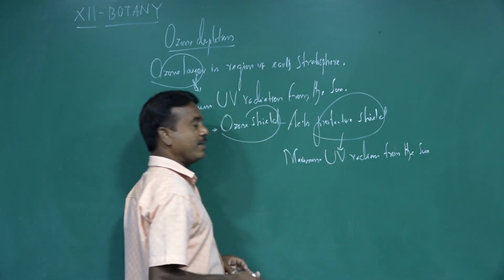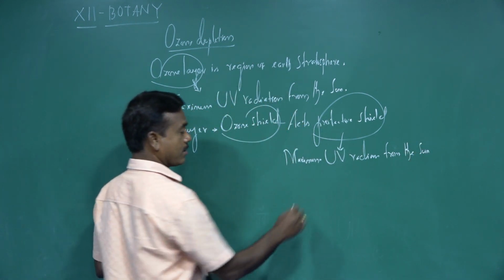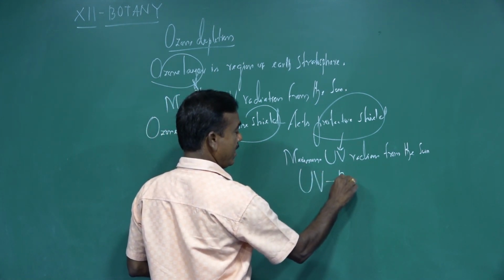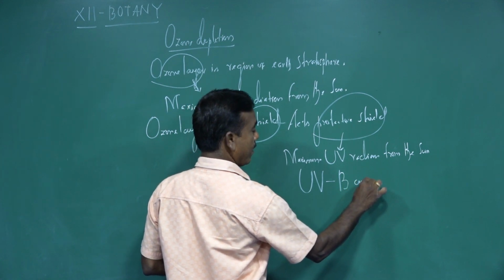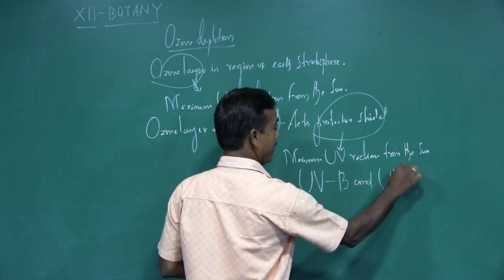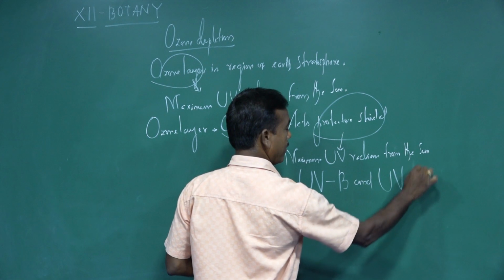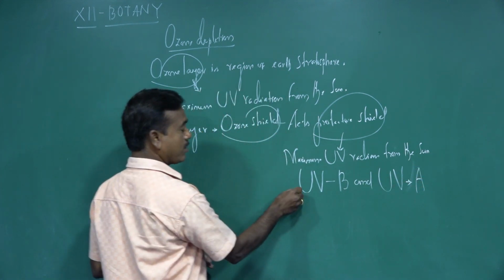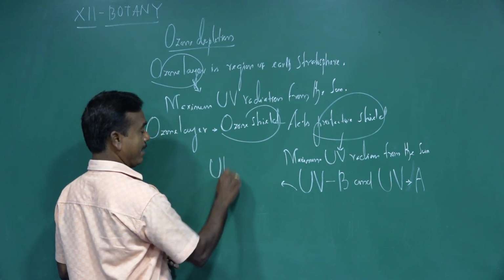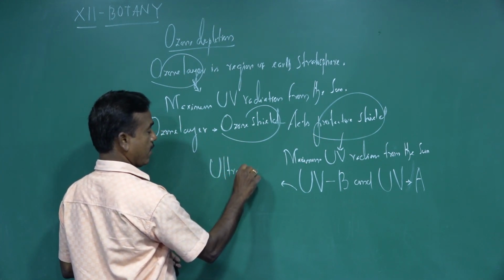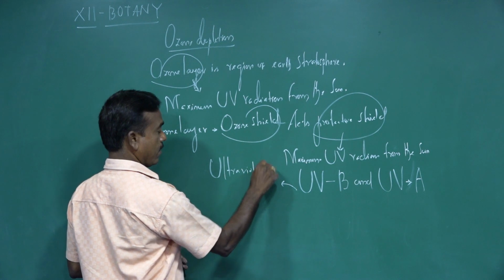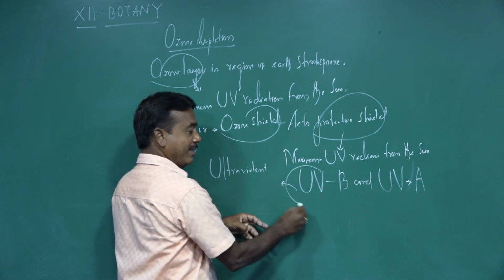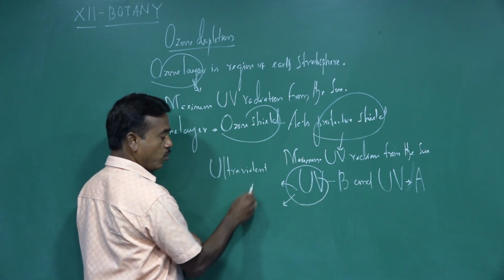The types of radiation it absorbs are UVB and UVA. UV is short for ultraviolet. UV radiation is generally harmful to human beings.